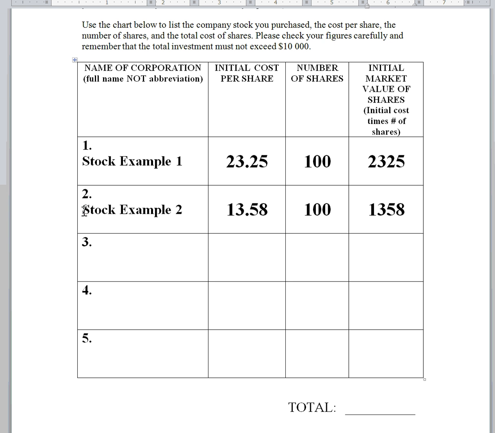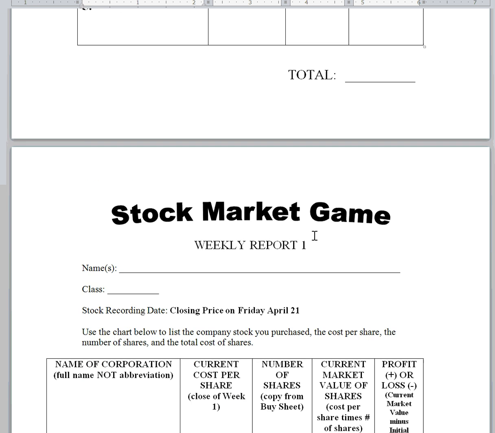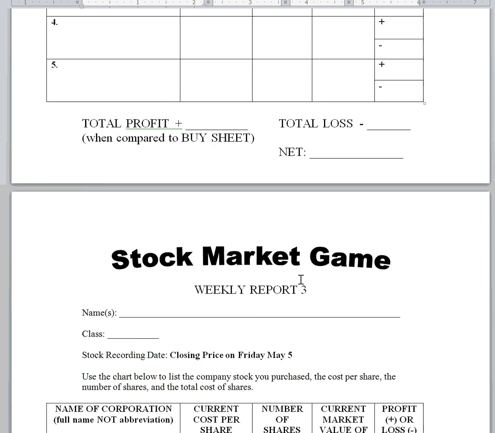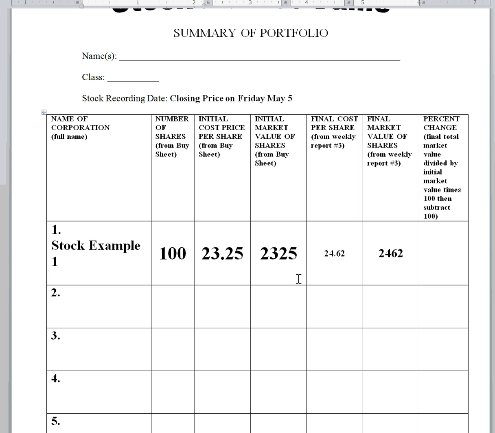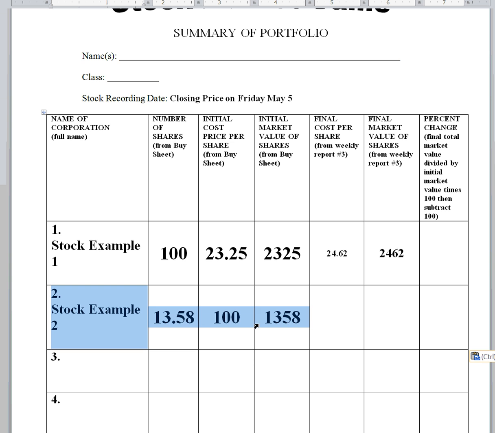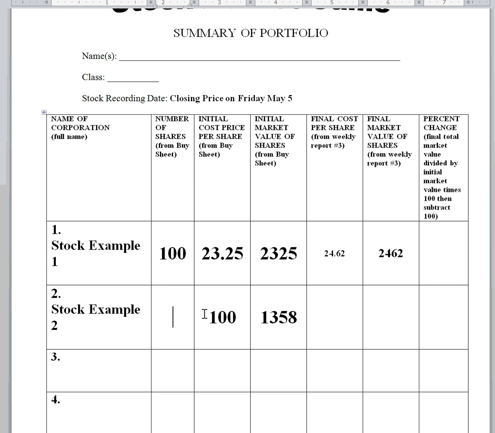So again, I'm going to copy that. The order is going to be a little bit different, but that's okay. I'm going to copy and put it into my summary. And I'm just going to change this around. And that will be 100.